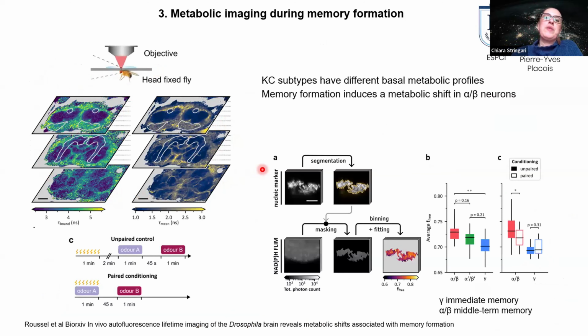And what they were able to see is that different subtypes of neurons have a different basal metabolic profile. And for the neurons that are involved in mid-term memories, we observed a metabolic shift during memory formation in these mid-term memory neurons.